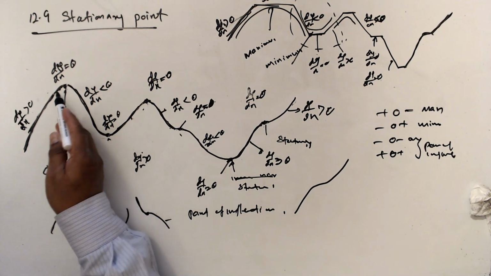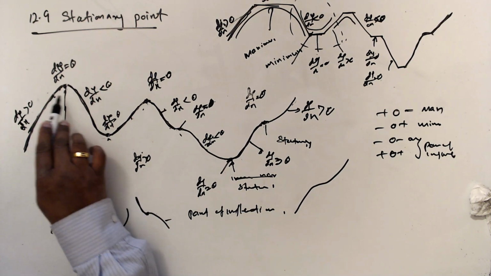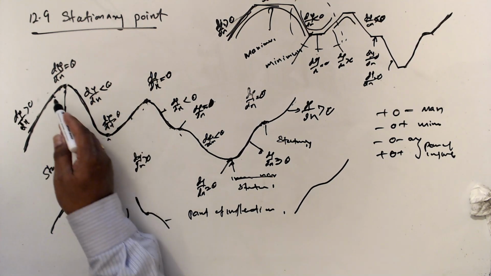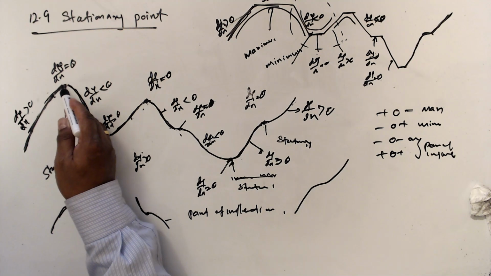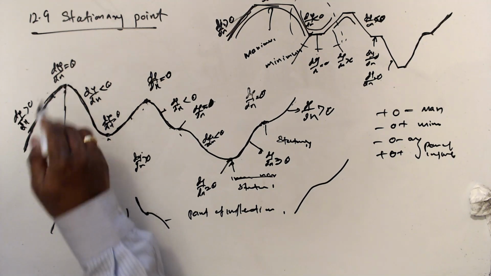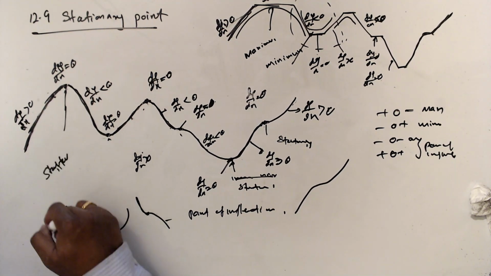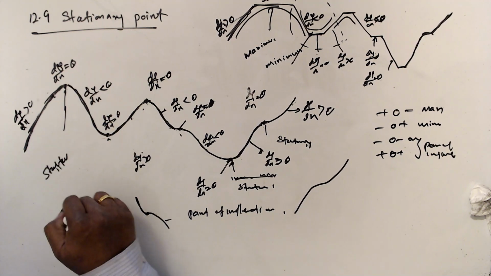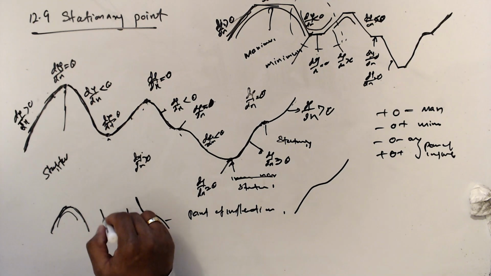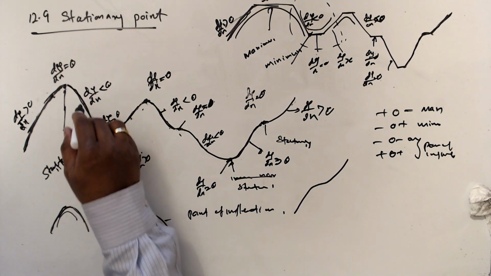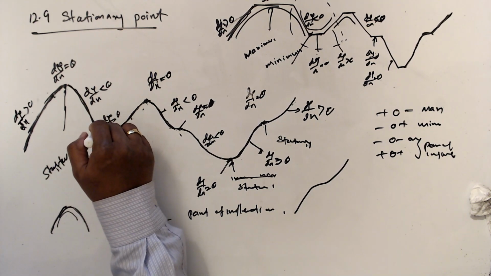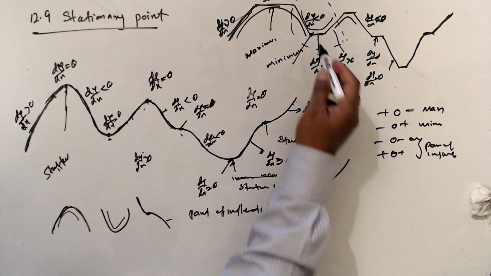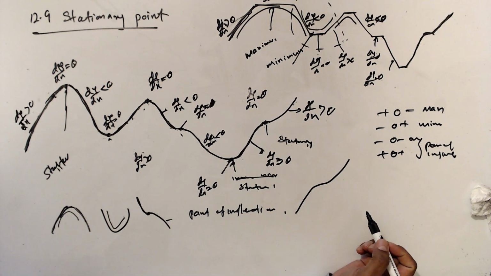If the left gradient is positive and the right gradient is negative, with gradient 0 at the top, then it is a maximum. The other way around is a minimum: gradient negative, 0, positive.